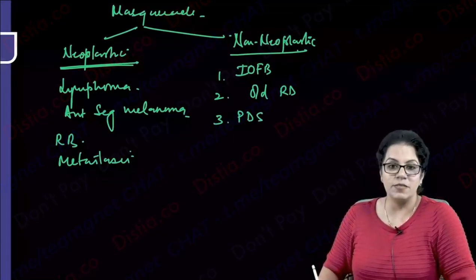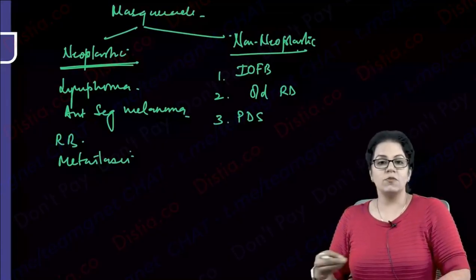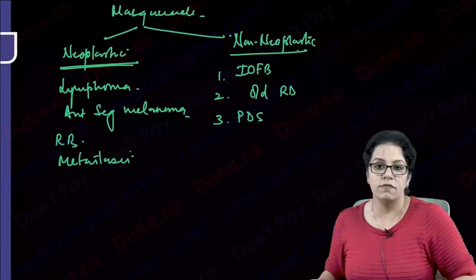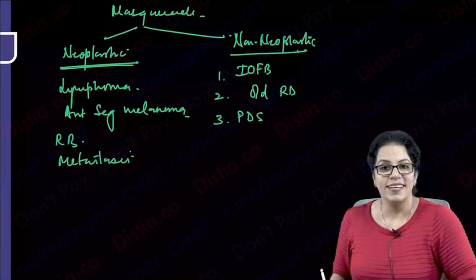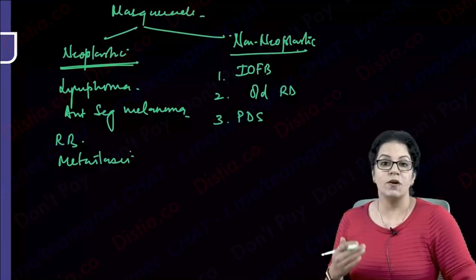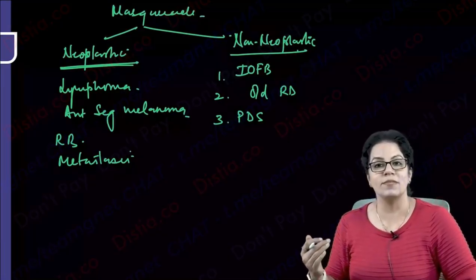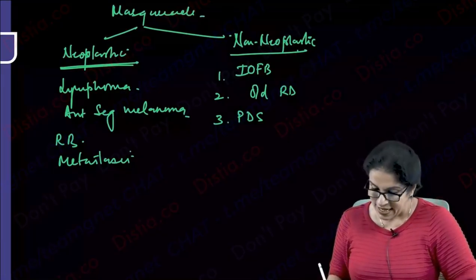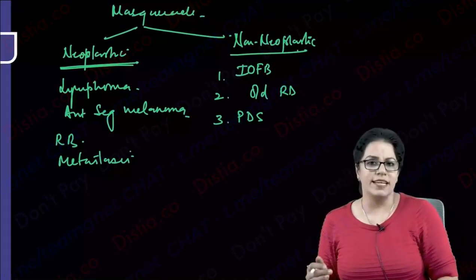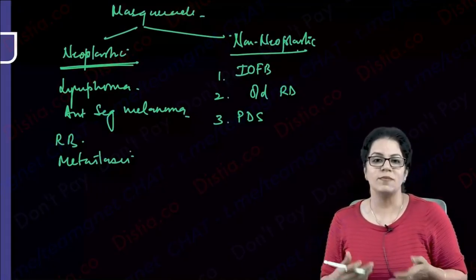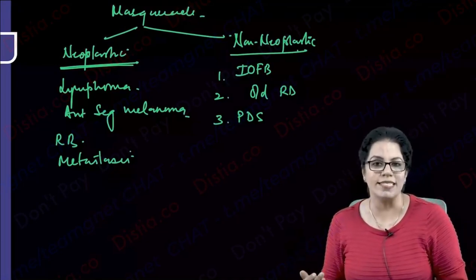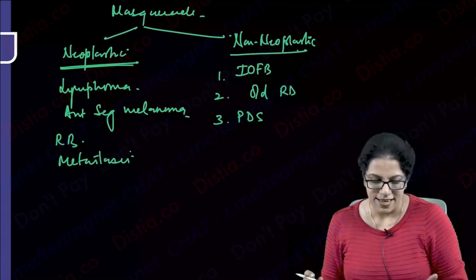PDS, write down pigment dispersion syndrome, where those pigments can mimic KPs, and the whole picture can be that of anterior uveitis. If you remember, I taught you Krukenberg spindles. Anyway, no need to try to mug up the list. Keep reading it twice or thrice. That is more than enough.